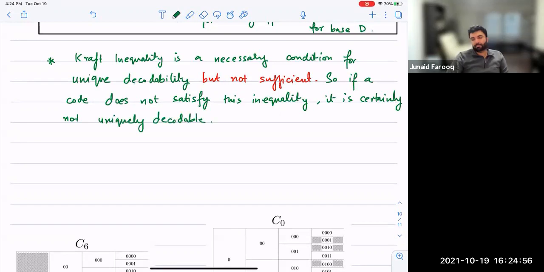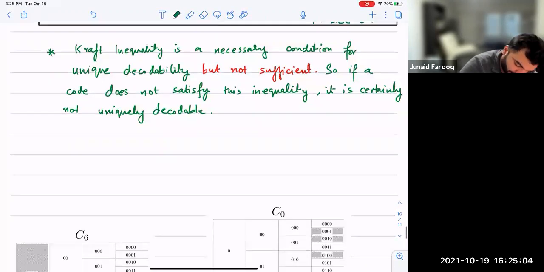But if it satisfies it, it may still not be.